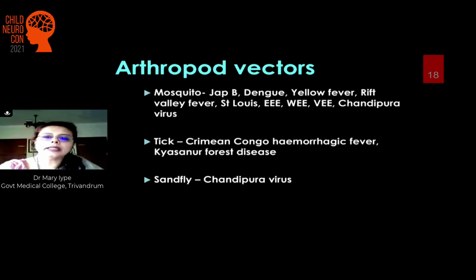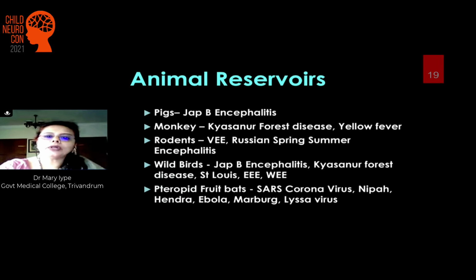the killer virus. Animal reservoirs are also again important in many of these viral encephalitis. As you know, pigs are the reservoir for Japanese encephalitis, monkeys for Kyasanur forest disease and yellow fever, and rodents are the reservoirs for some of these other encephalitis.